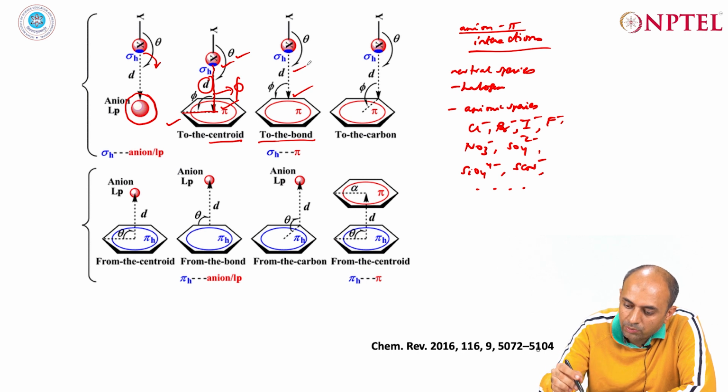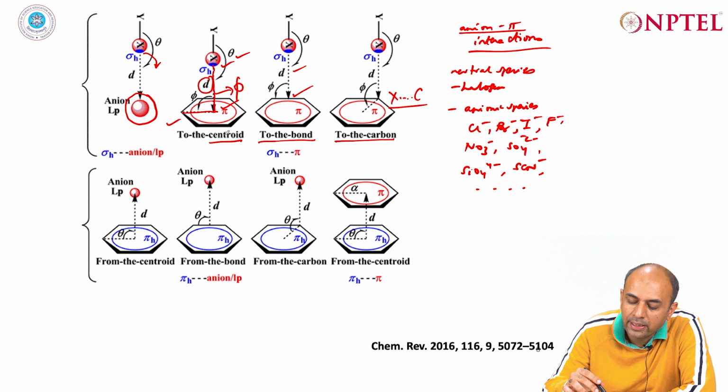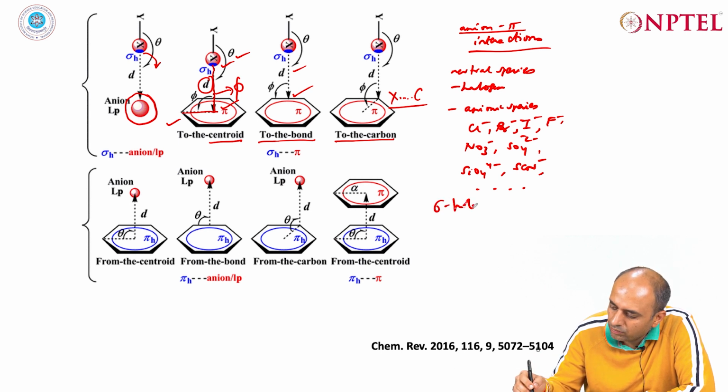Again, we will have similar geometrical descriptors theta, d and phi, and we can also have an interaction with a single carbon atom, as represented by X...C. So this is specific to a particular carbon atom, this is specific to a bond, and this is specific to the entire benzene nucleus. All these orientations are allowed when the sigma hole interacts with a pi rich surface with pi electrons.